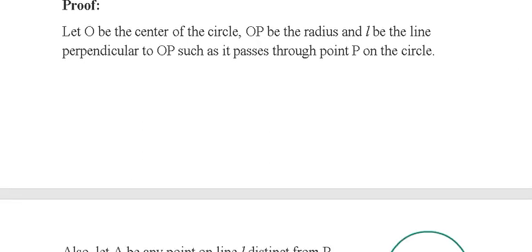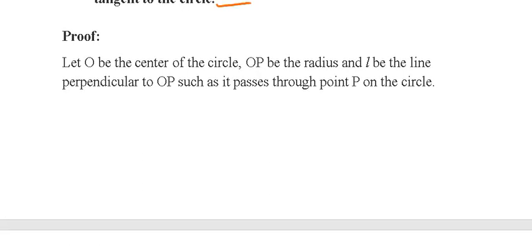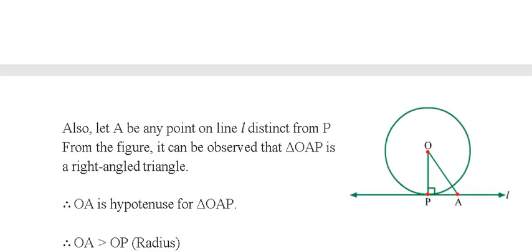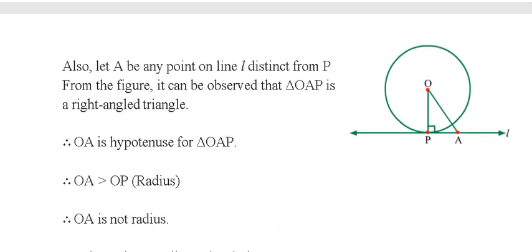Again you write, right? O is the center, OP is the radius, L is the line perpendicular to OP, such that it passes through point P on the circle.